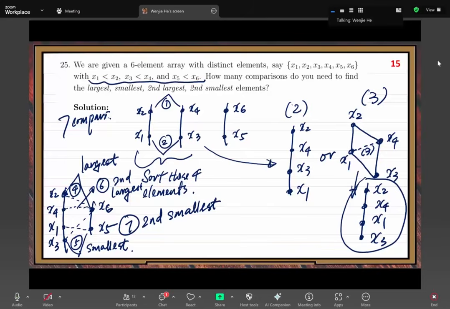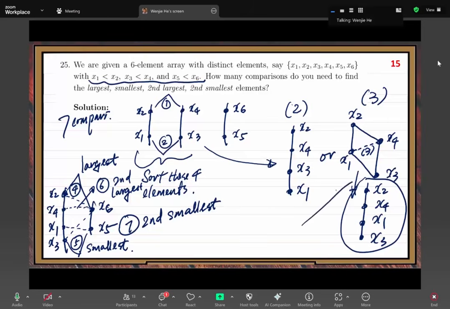So any question? I have a question. How is the X2, X4, X1, X3 order? It corresponds to the worst case here.